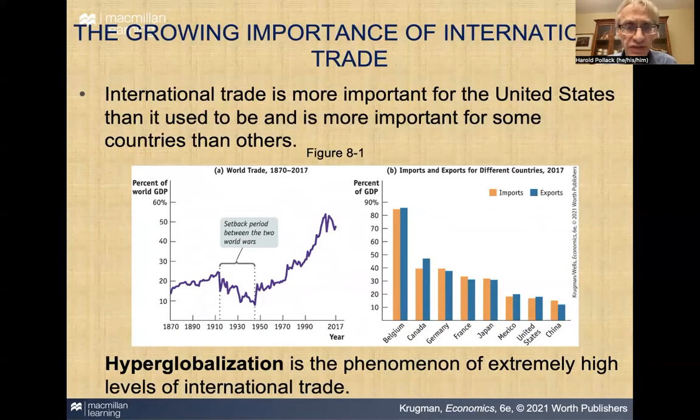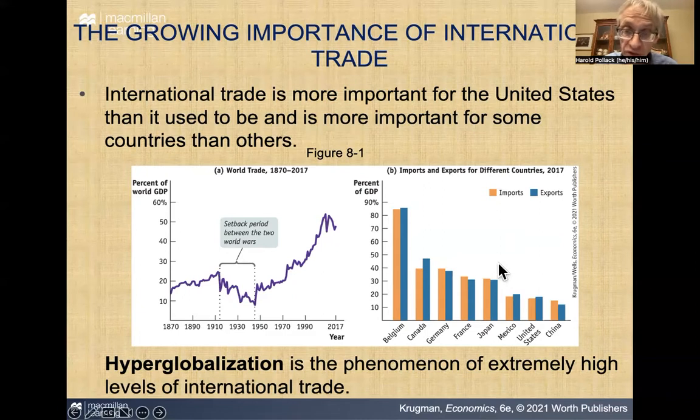So international trade is far more important than it used to be as a percentage of world GDP. You can see that here we have global trade from 1870. Of course, here's the First World War, and you can see it's been steadily rising and at an accelerating pace. Although there's been a little bit of a dip of late, it's basically half of the world's GDP that involves world trade.